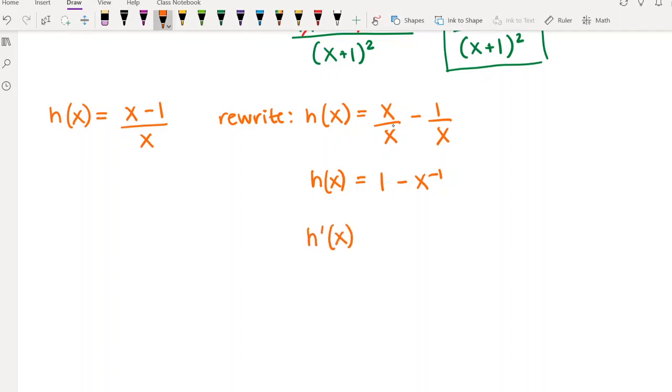So the derivative is just going to be 0 minus negative 1 x to the negative 2. The negatives cancel, so we're left with 1 over x squared. And if you want, go ahead and try to do this with the quotient rule, and you'll see that you get the same answer. It will just take a couple more steps to get there.